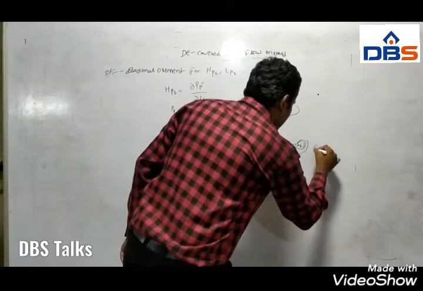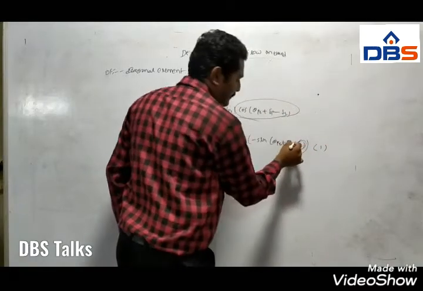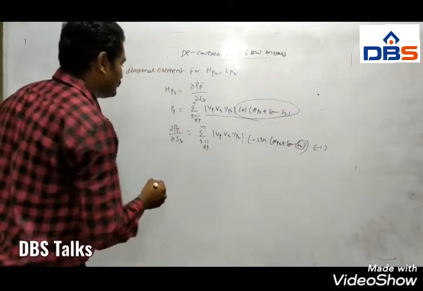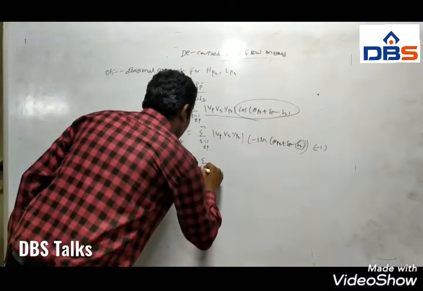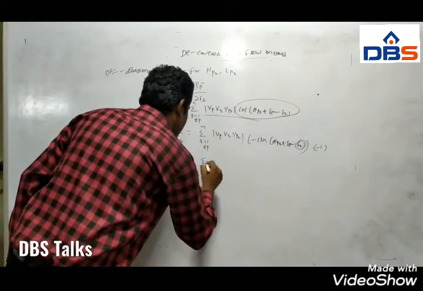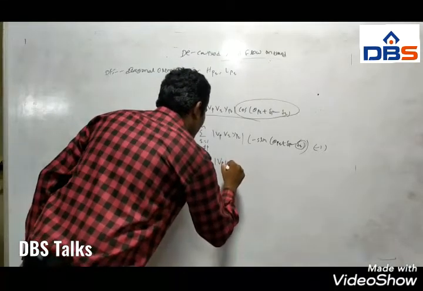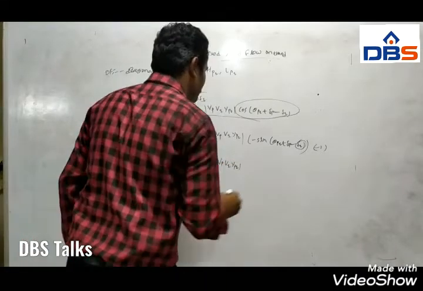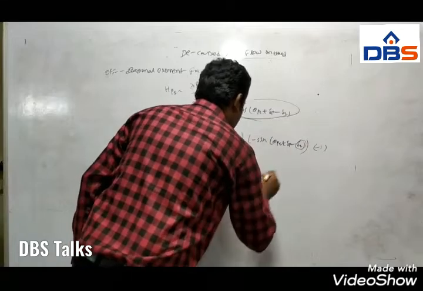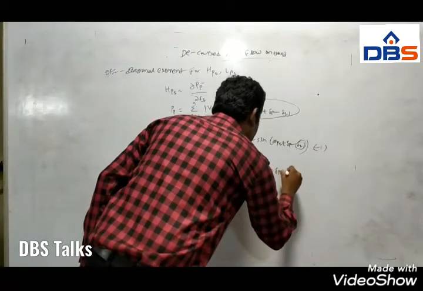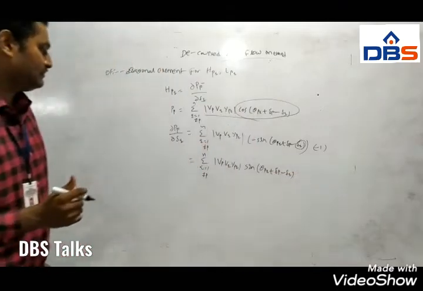Differentiating the δ_q term gives 1, with a minus sign before it, so we take minus. After that, the final form of the off-diagonal element of H is the sum over q equal to 1 to n, q not equal to p, of |V_p||V_q||Y_pq| times plus sin(θ_pq + δ_p − δ_q).